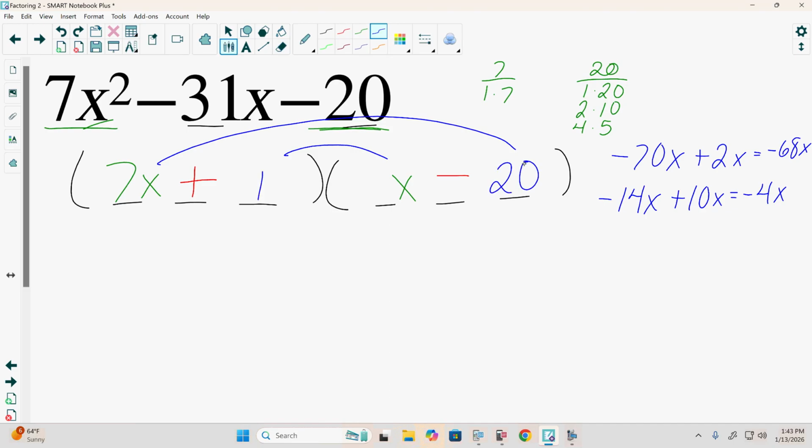So let's try 1 and 20. 7x times negative 20, 7 times negative 20 would be negative 140x. 1 times x, positive 1 times positive x would be positive 1x. Negative 140 plus 1 would give us negative 139x.